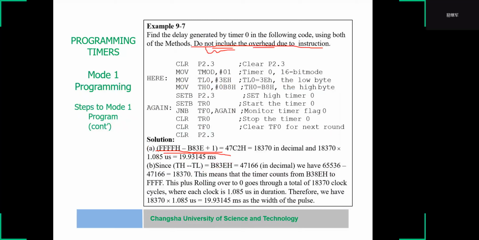Use the equation to get the result. When we calculate the delay in decimal, we just convert the hex to decimal.